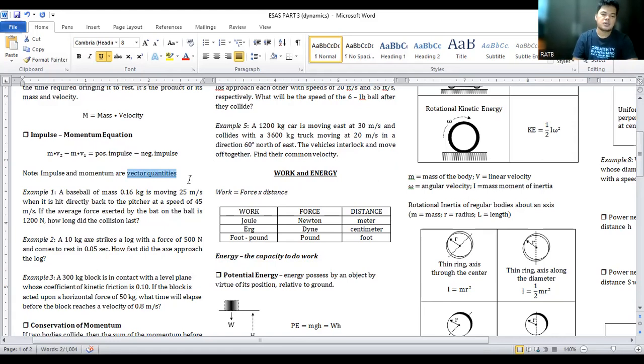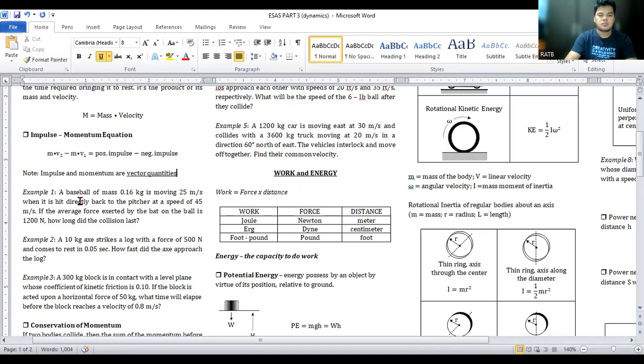We will try to apply the concept of impulse and momentum using the three problems presented, and then we proceed to the next topic after.